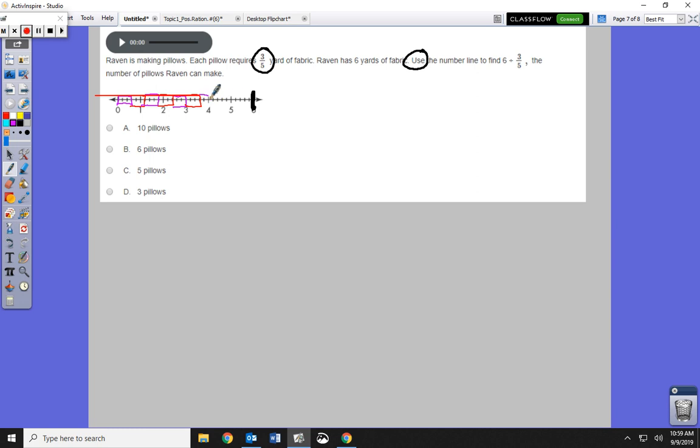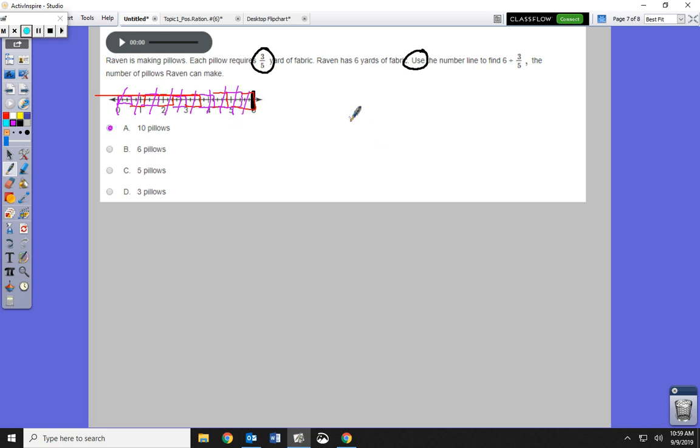We'll keep going, 1, 2, 3 here, 1, 2, 3 here. And then finally, my last group of 3/5 out of that 6. We made 1, 2, 3, 4, 5, 6, 7, 8, 9, 10 pillows.